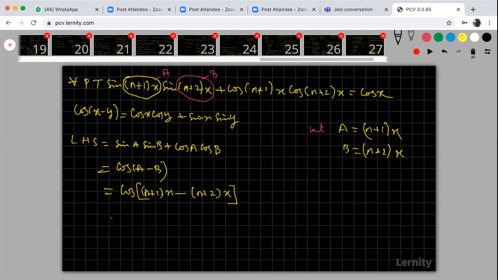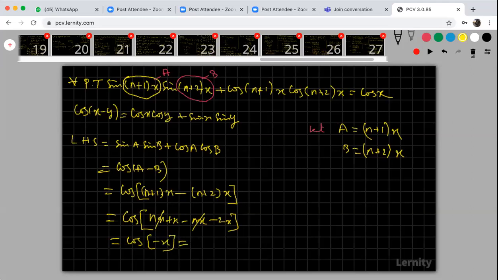So therefore, this is cos of nx plus x, minus nx, minus 2x. So then what is the answer? Cos of, your nx cancel, x minus 2x, minus x.